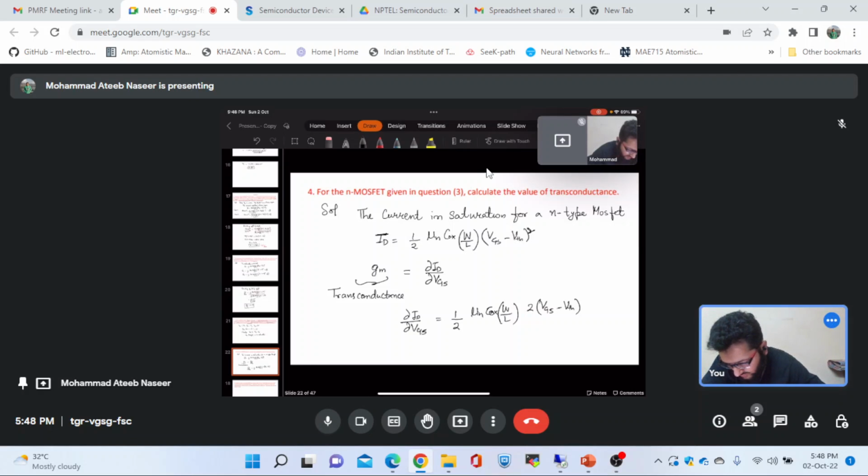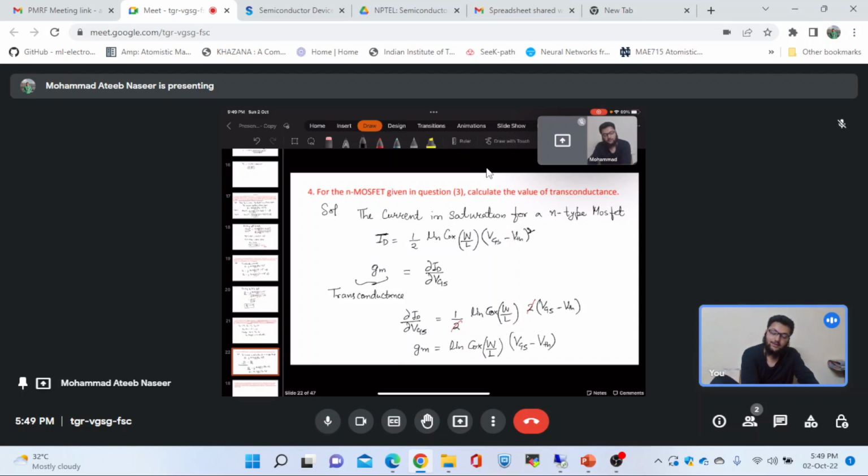This 2 and 2 will go, and we will be left with the expression for the transconductance. It will simply be mu n Cox W by L (VGS minus VTH). This is the expression for the transconductance of the MOSFET.